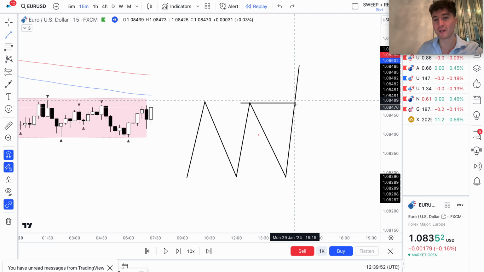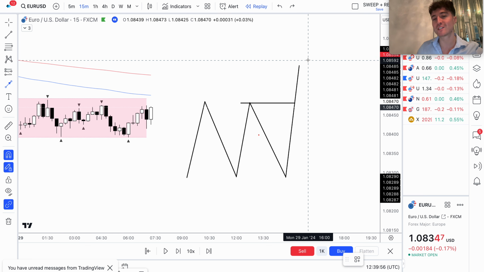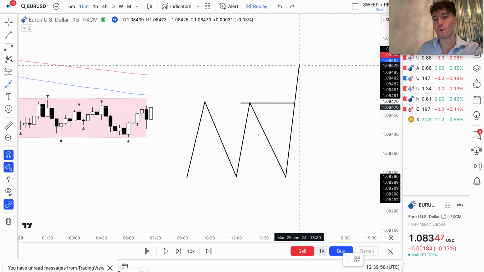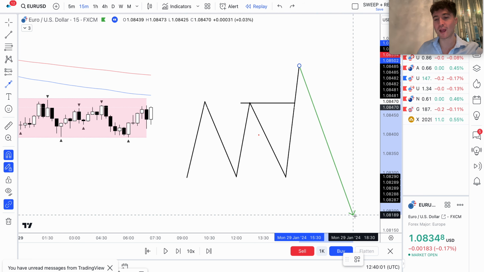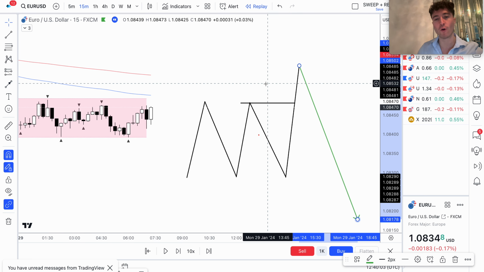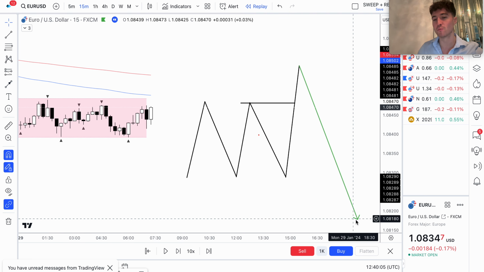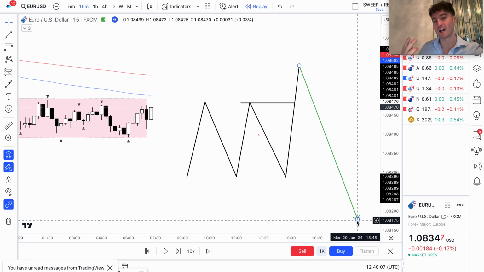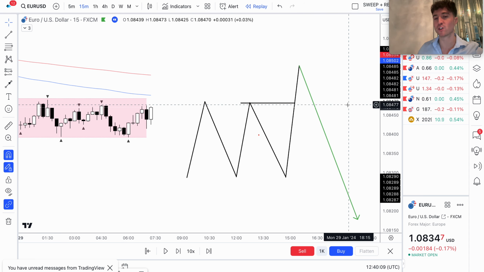So we're sweeping above these highs, and then after we see the sweep of liquidity, we're looking to catch this impulsive move, this green arrow here. We're looking to catch this move to the downside as a trend continuation play.